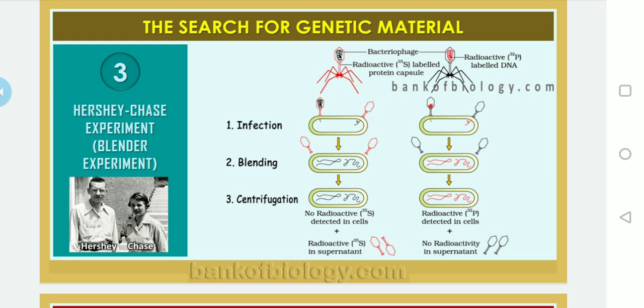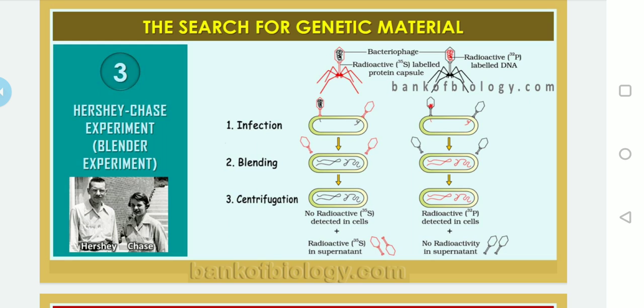In this class we discussed three important experiments, because these three experiments are very important for studying the genetic material, that is, the search for the genetic material. The first one is the transforming principle, discovered by Frederick Griffith.